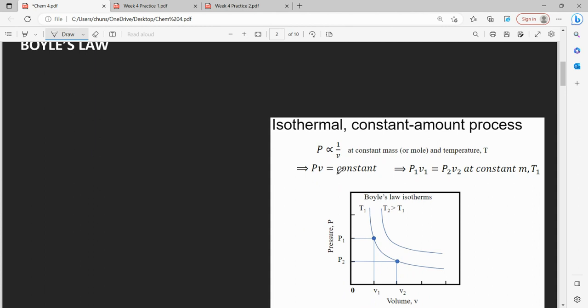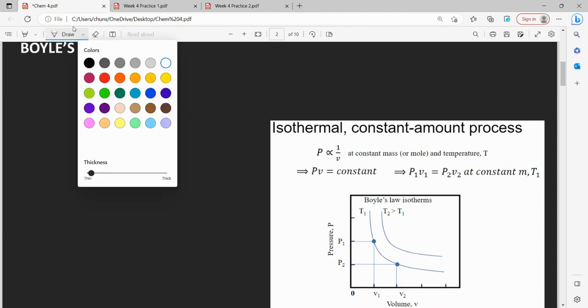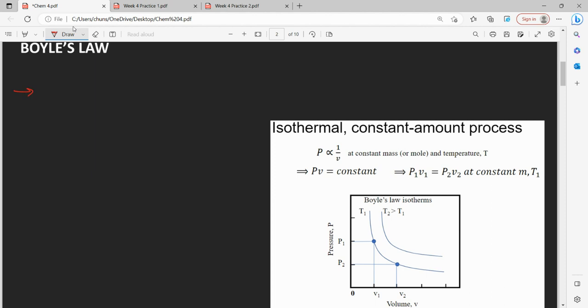So in Boyle's law, we write our definition in red: at fixed mass, or a given mass or moles, pressure is inversely proportional to volume.